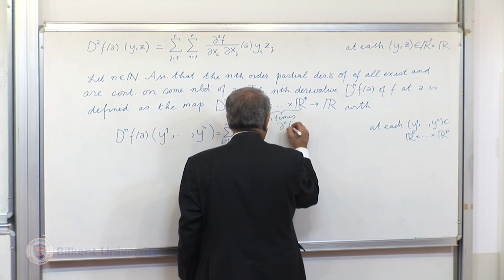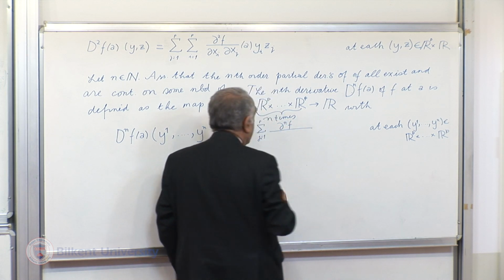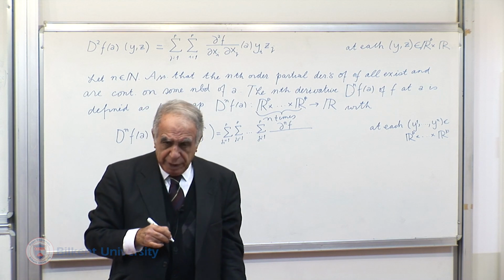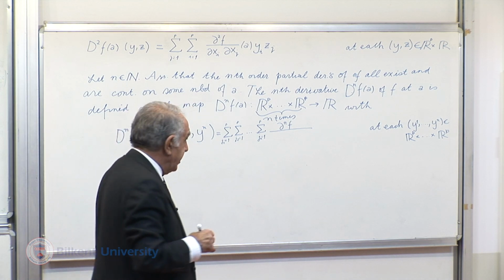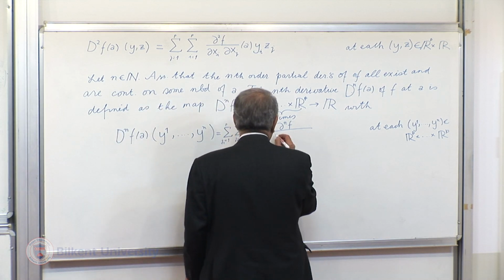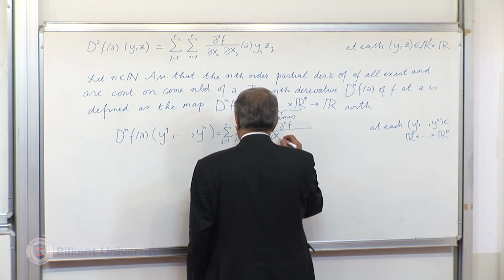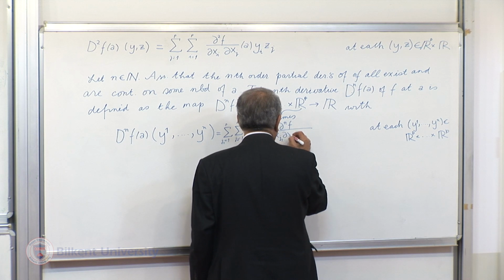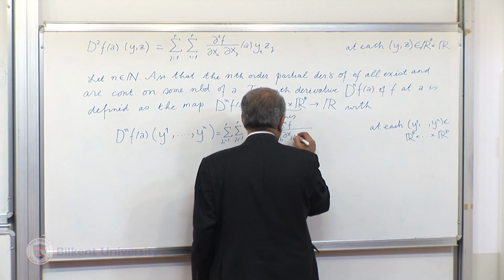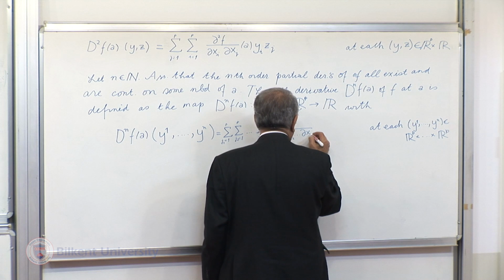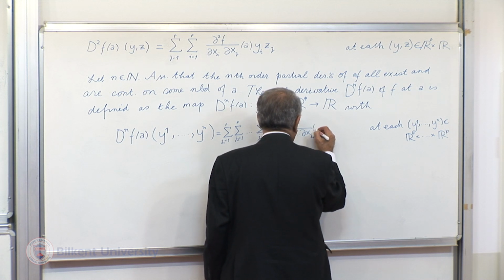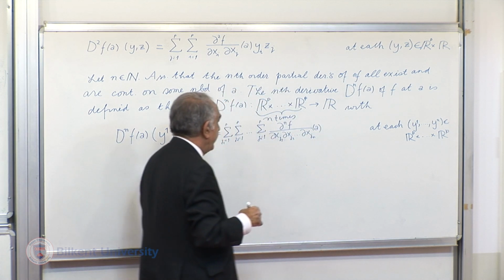Here we will take the nth order partial derivatives of f, first with respect to xj1, then xj2 up to xjn at a.